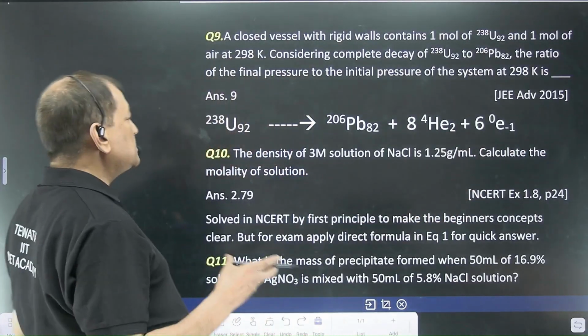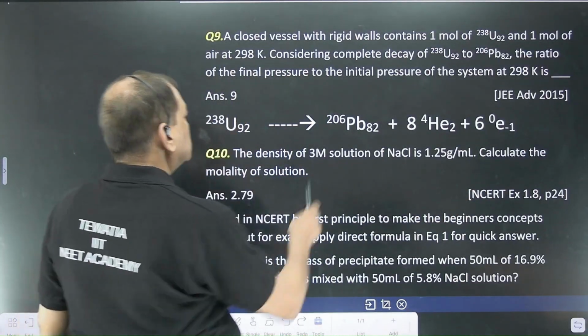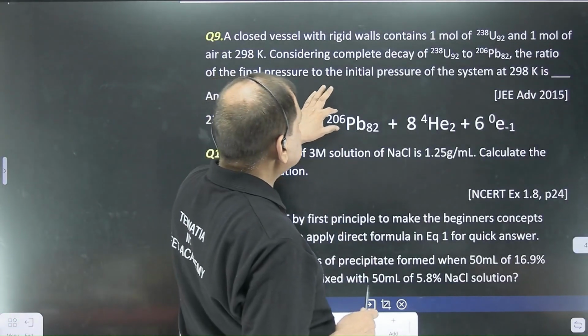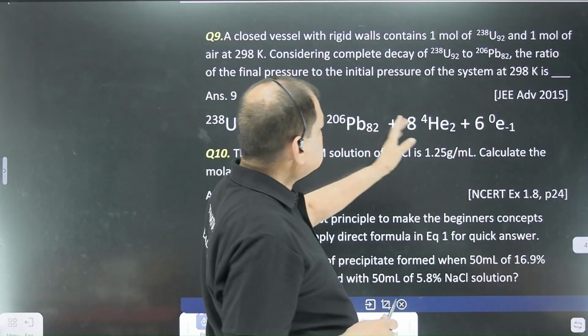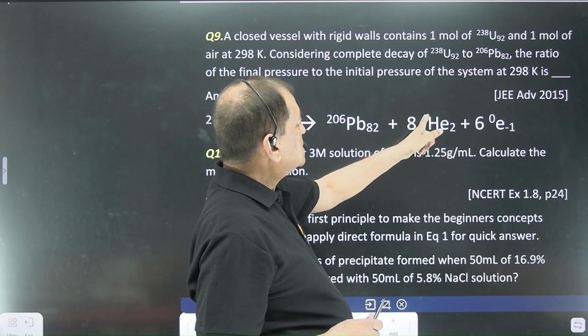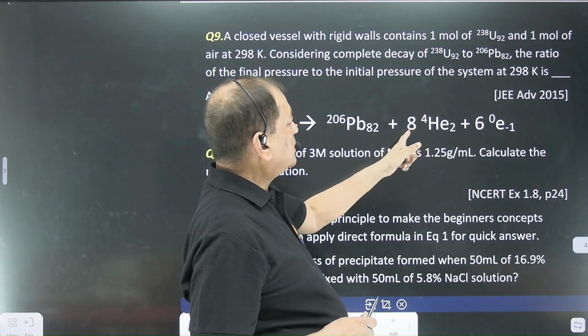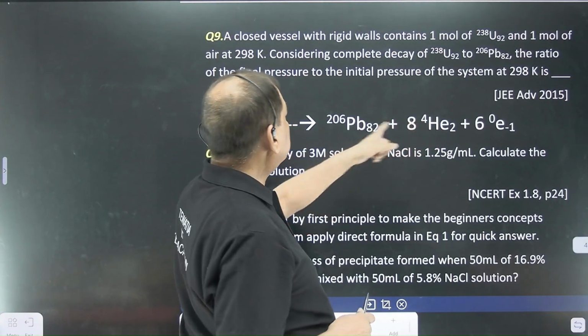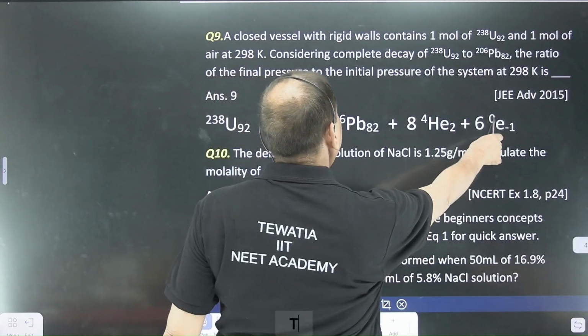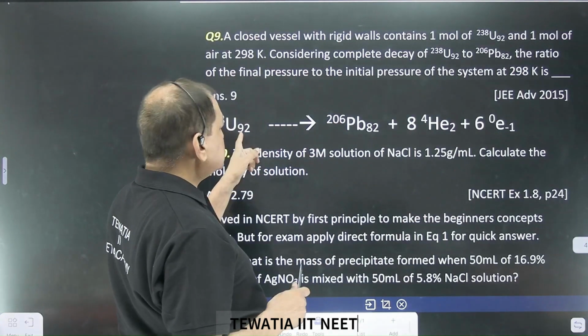So let's balance the top, 238, 206. So 32 mass. So this is helium. Helium is 4 mass. 4 into 8 is 32. So the top is balanced. Electron mass is 0. Charge is 92.